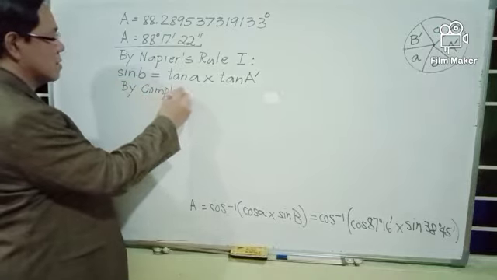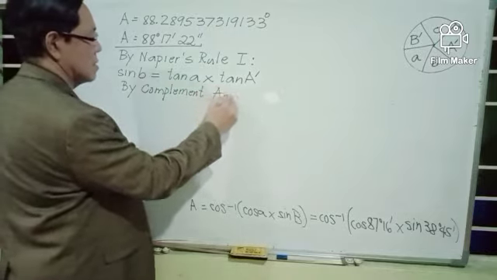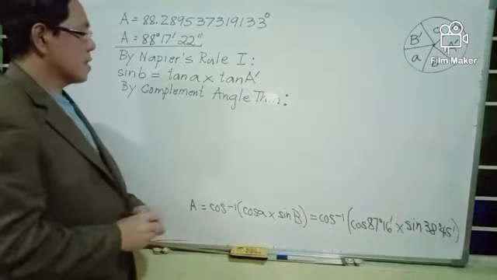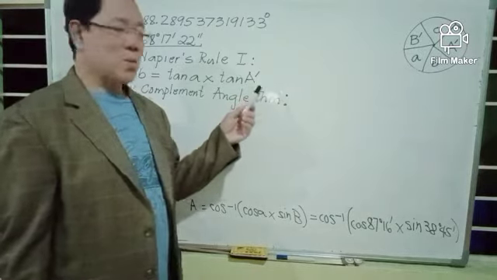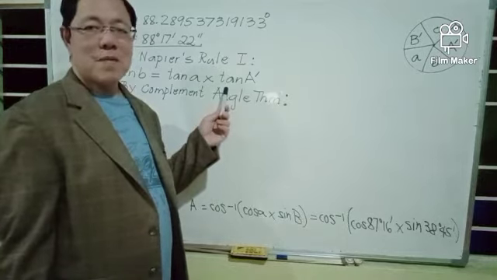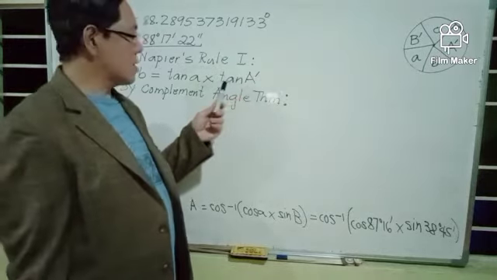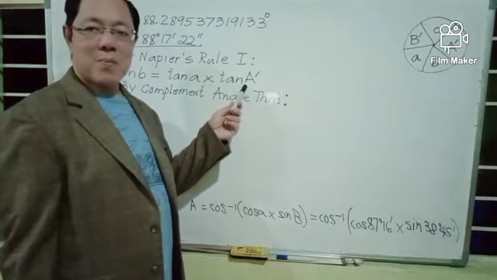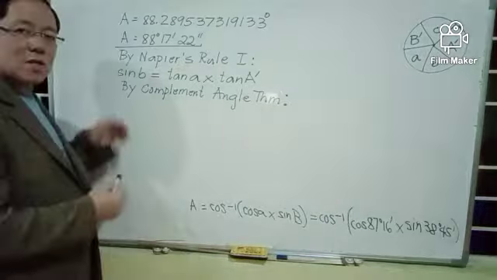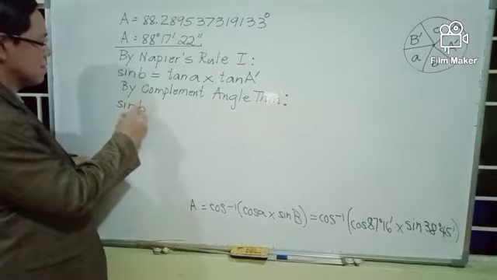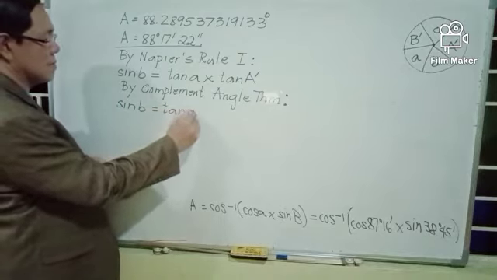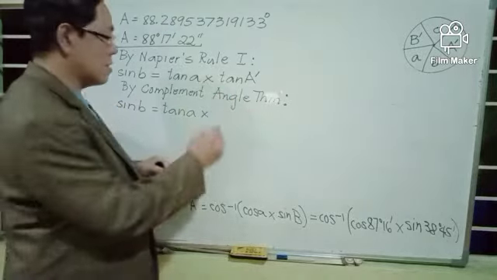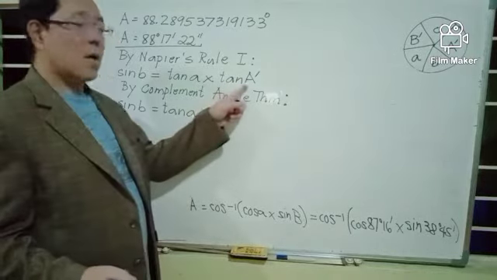By the complement angle theorem, the tangent of capital A prime equals the cofunction of tangent, which is cotangent, of the complement of A prime, which is A. Hence, this equation can now be written as sine B equals tangent of small a times cotangent of A.